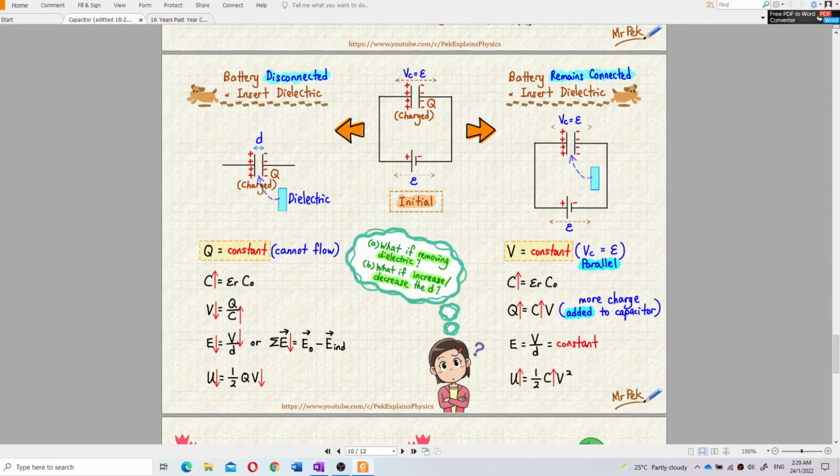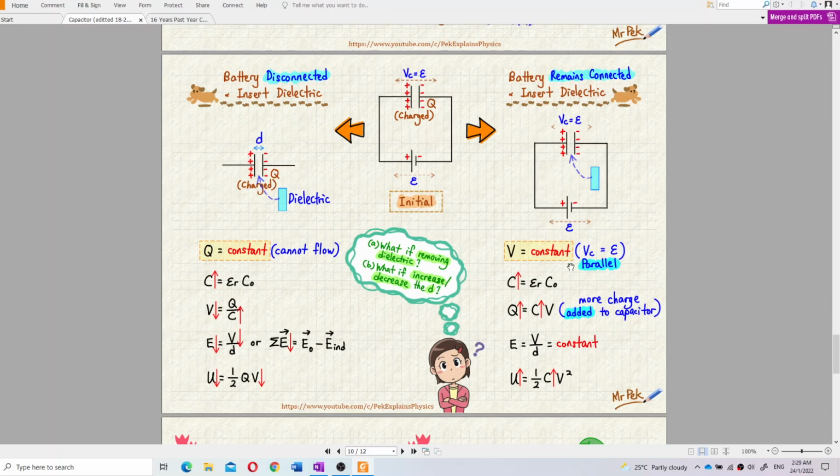There are two conditions: either it is disconnected from the battery or the battery remains connected. If the battery is disconnected, the charge is constant because the charge remains inside the capacitor and cannot flow anywhere. Whereas if the battery remains connected, the voltage is constant because it must have the same voltage as the battery.